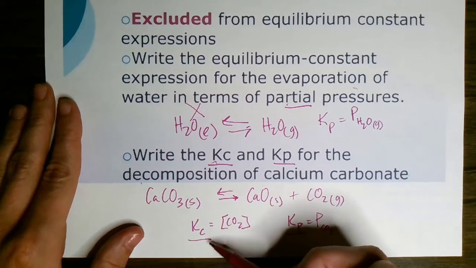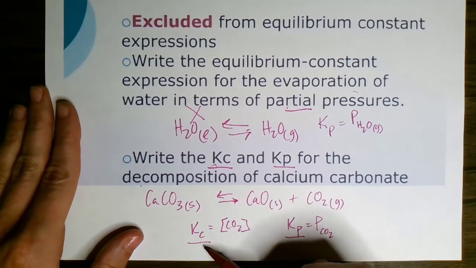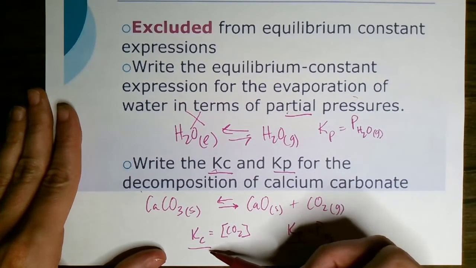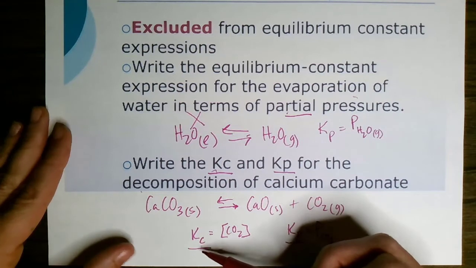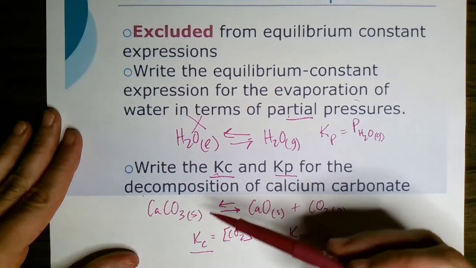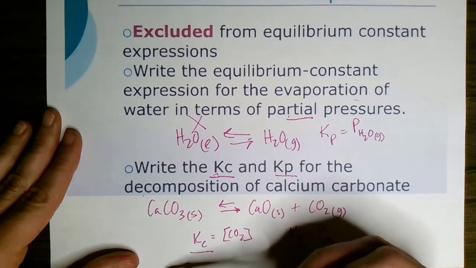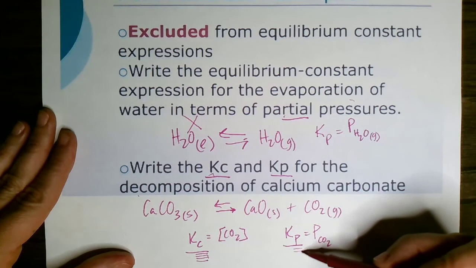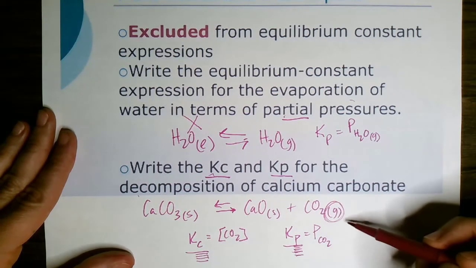Solids drop out of Kc calculations. It doesn't make any sense to measure the concentration of a solid, right? We know that for gases and liquids we can calculate how many moles per liter are there, and that's the concentration. As far as pressure, gases are the only thing exerting pressure, so we're just looking at gas species.